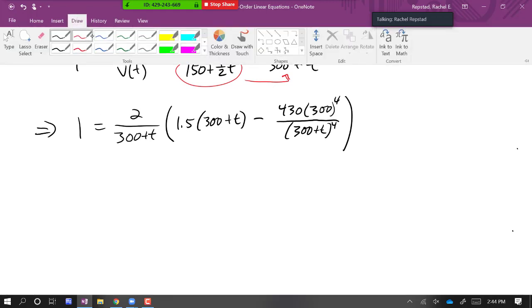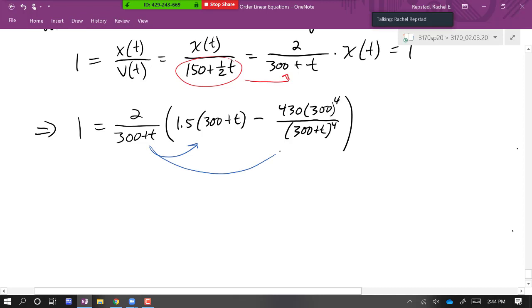I'm going to start by distributing this fraction, because the 300 plus t will cancel nicely. And then of course we'll have that factor of 2 to distribute on top. So when we distribute this to the first term, we'll get just 3. And when we distribute it to the second term, 2 times 430 is 860.